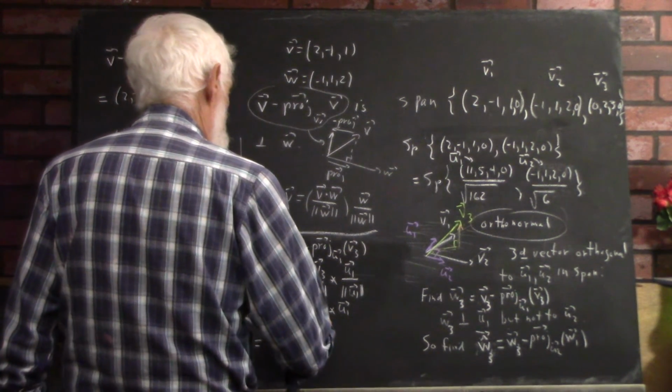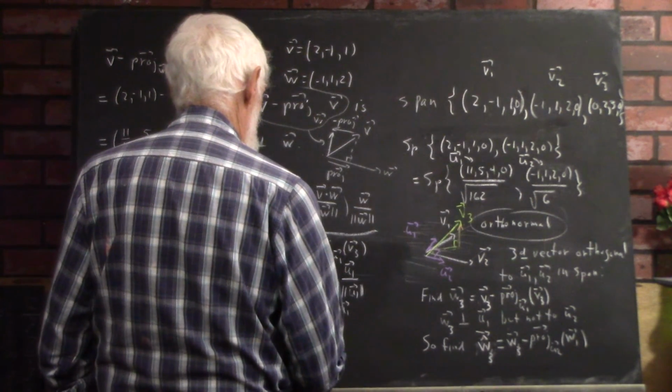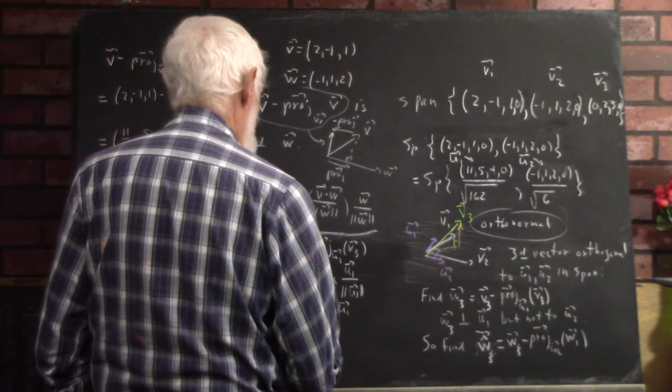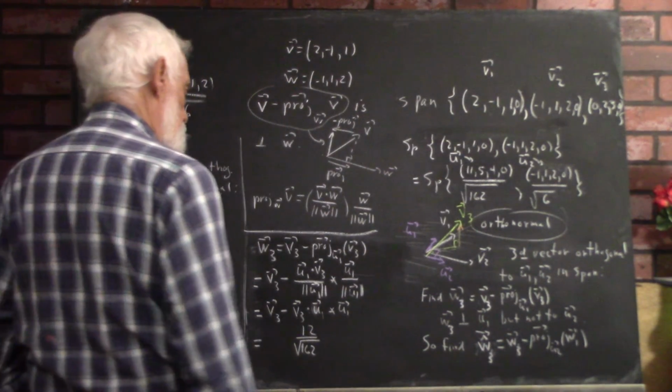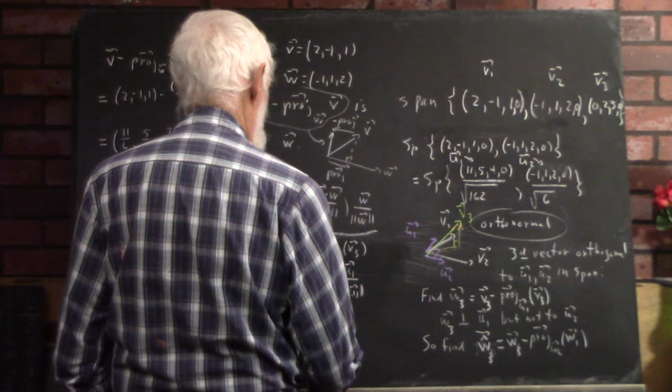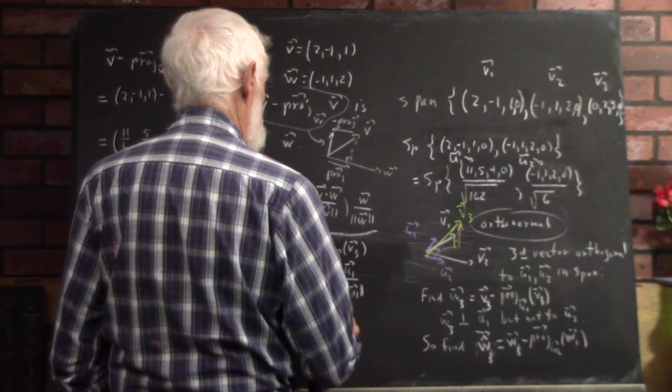So this is 22 over the square root of 162 times U1.